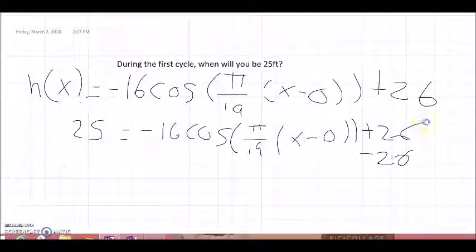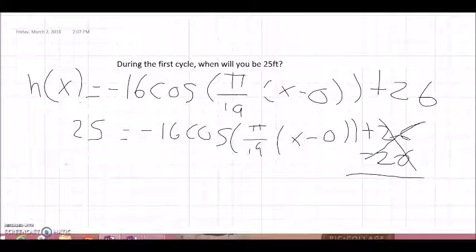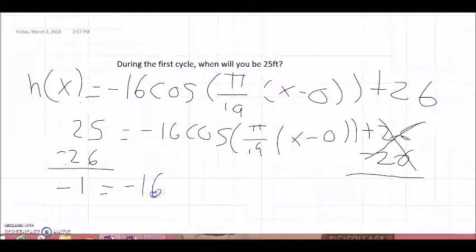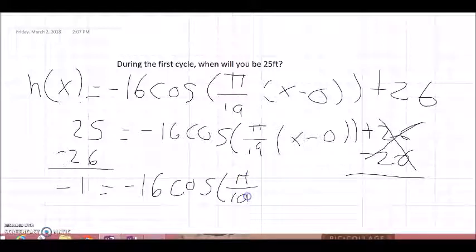We subtract 26 from both sides, so then negative 1 equals negative 16 cosine pi over 19 x minus 0. Then we divide by negative 16.